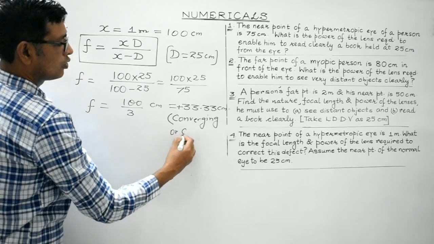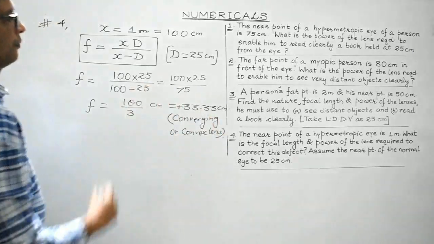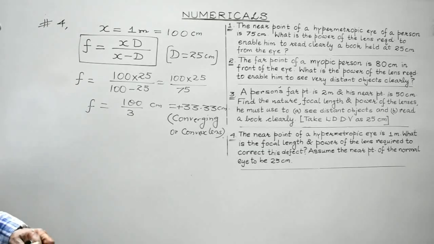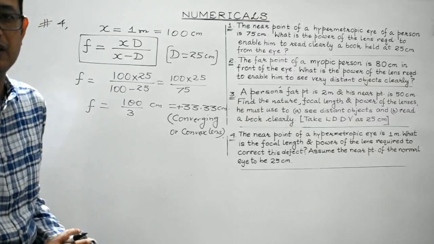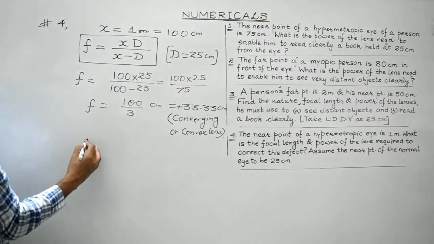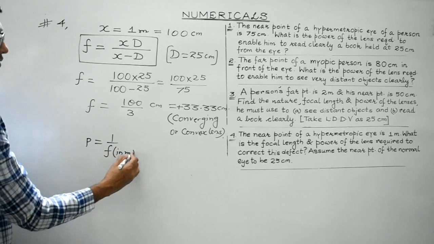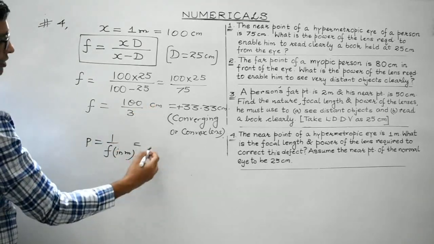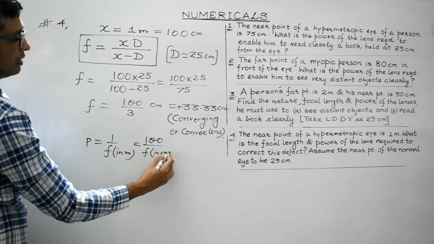Converging or convex lens, right? Okay, now we are also supposed to find out the power of the lens. Power, as we have very often discussed, is given by the reciprocal of focal length in meters. If it is in centimeter, then it will be 100 by f in centimeters, right?